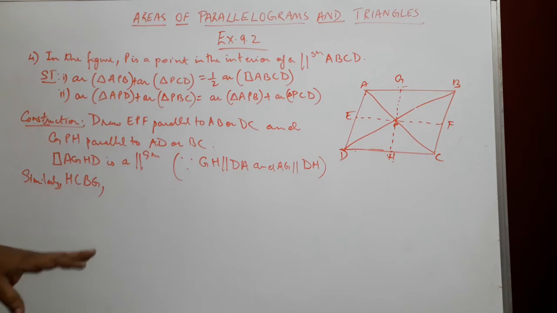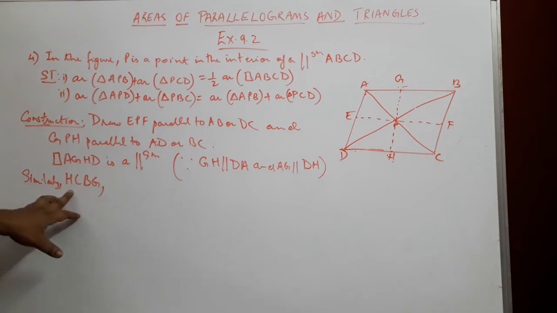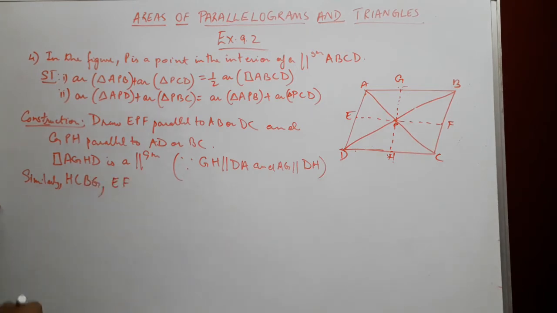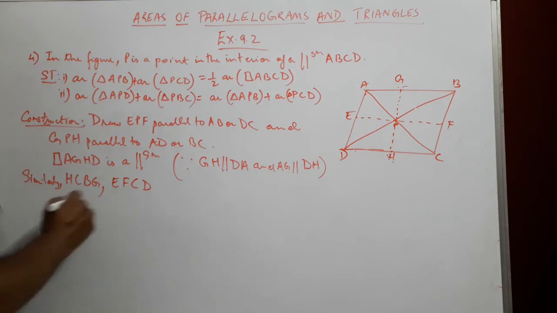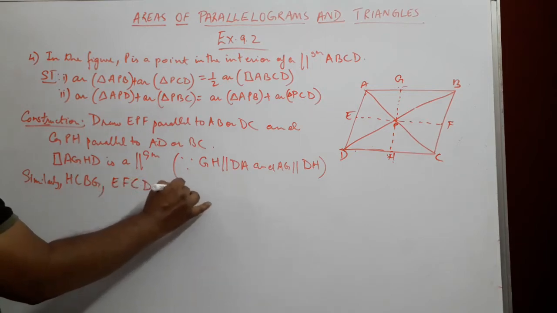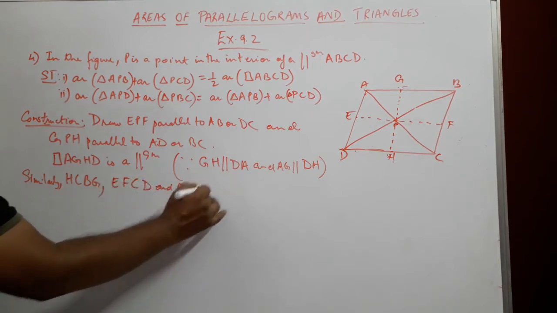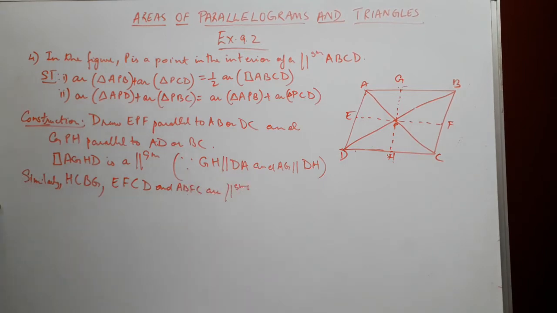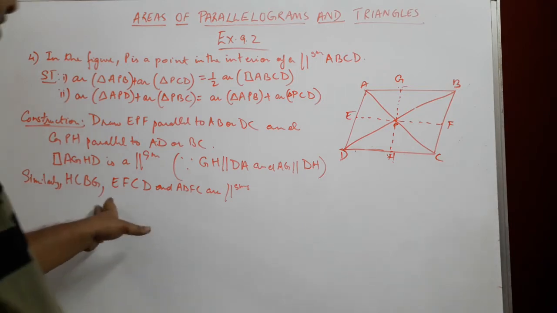Similarly, since we have put it, it's enough. HCBG is one of the parallelograms. The other ones are EFCD and ABFE. All of them are parallelograms.